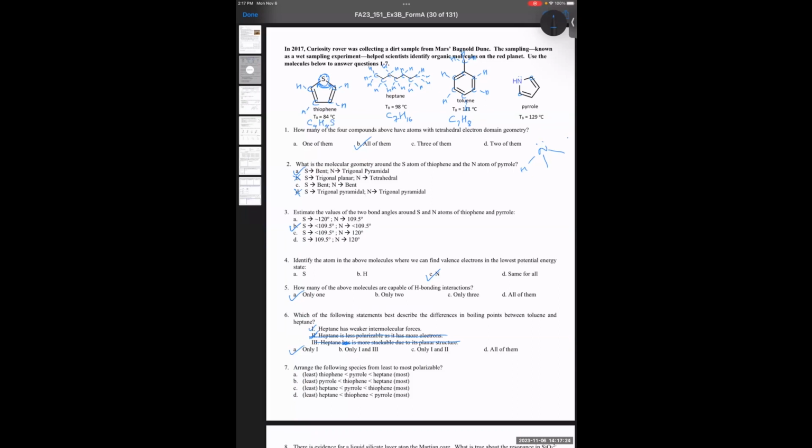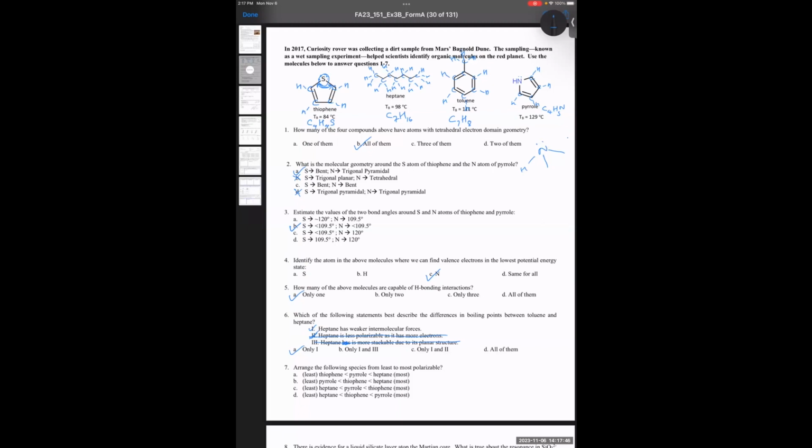and S. And then in pyrrole, this should be C4H5N. So if you count the electrons, let's count, why not.